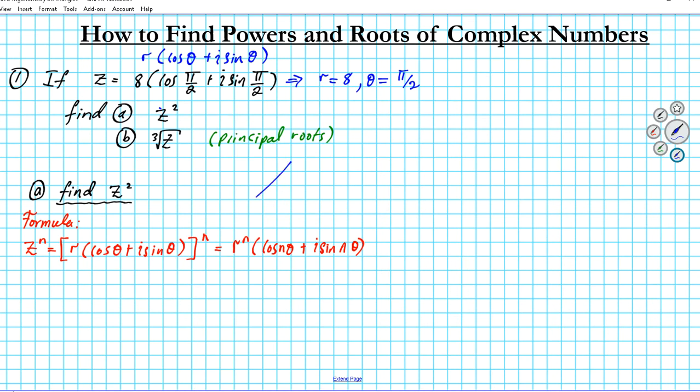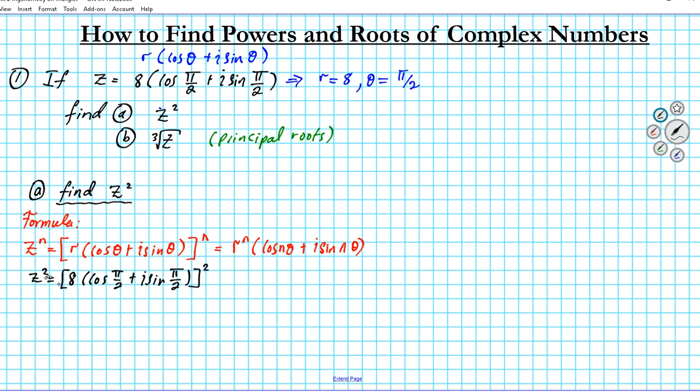So we're going to plug these two values into this formula right here and compute the second power of our complex number in polar form. Okay. All right, so we have z to the second power is going to be 8 cosine pi over 2 plus i sine pi over 2 raised to the second power.